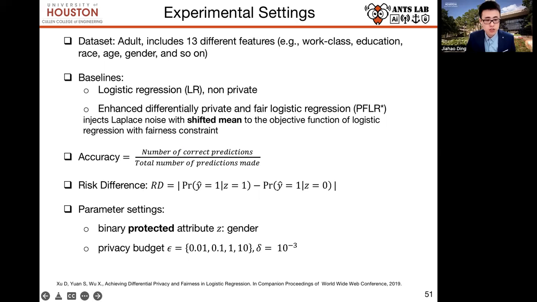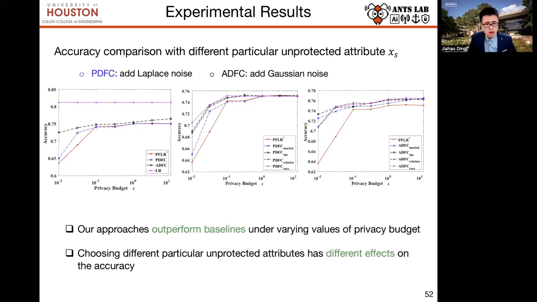The risk difference is defined as the difference of the positive rate over the two groups, z equals 1 and z equals 0. The parameter setting is like this one, and we consider the binary protected attribute to be gender. Here we study the accuracy comparison among the baselines.